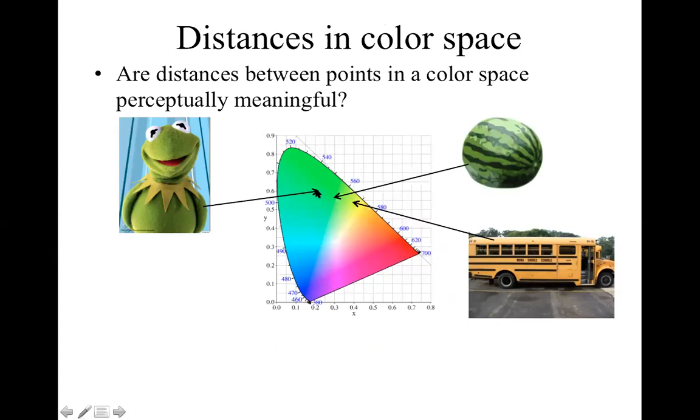And you see that if we look at the Euclidean distances between these 3 points, these are not perceptually meaningful, meaning that a higher distance here does not correspond to the fact that these colors are more different than these 2 colors which have a smaller distance.